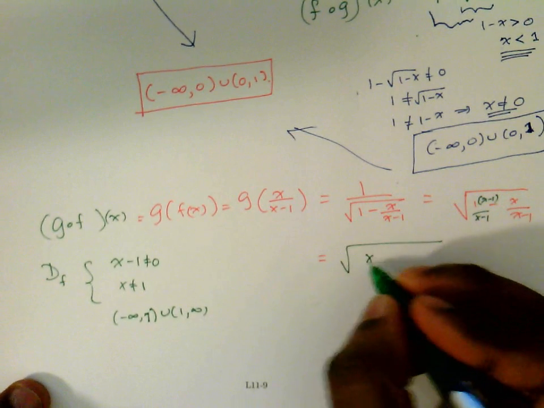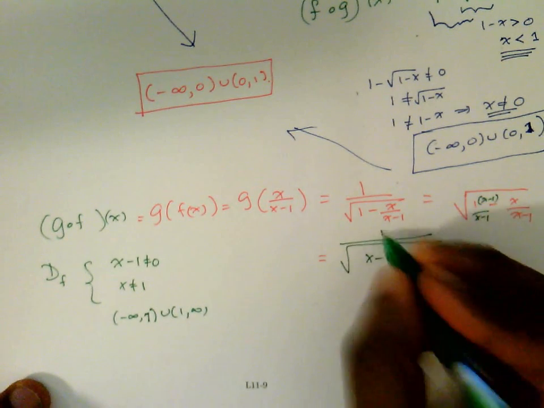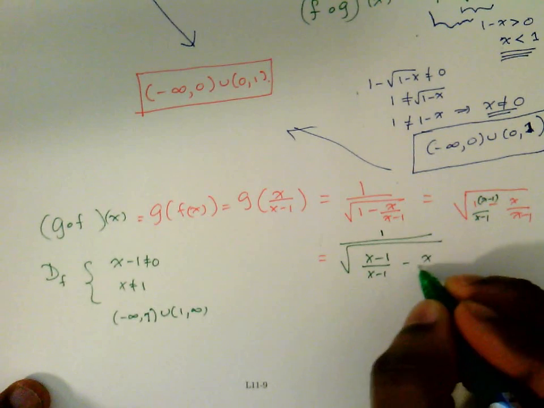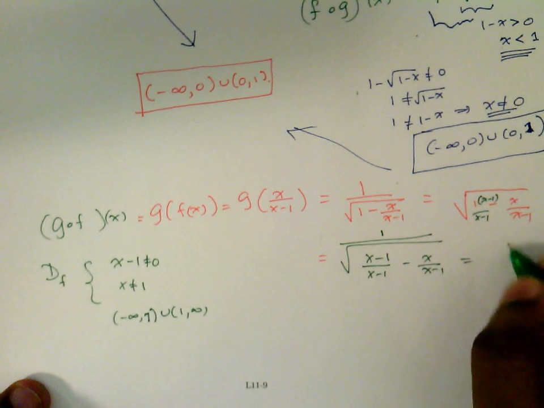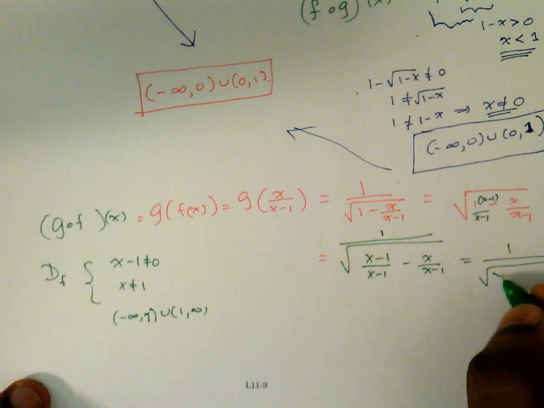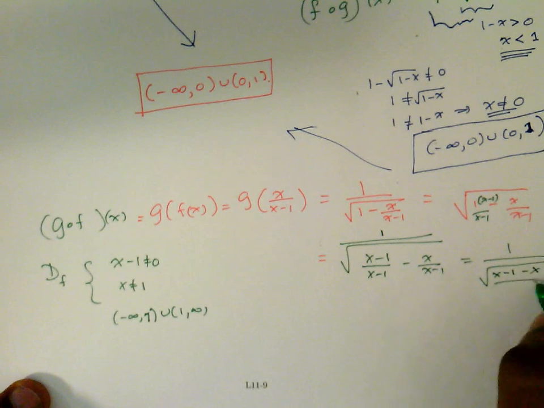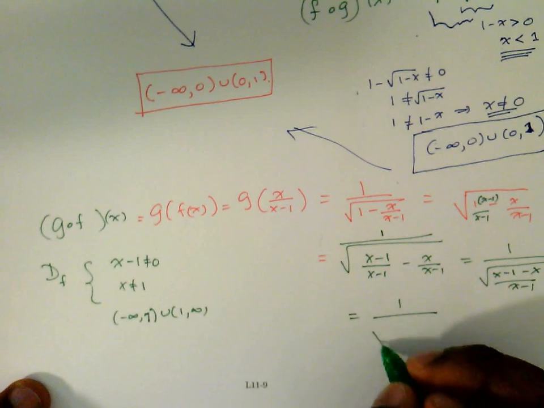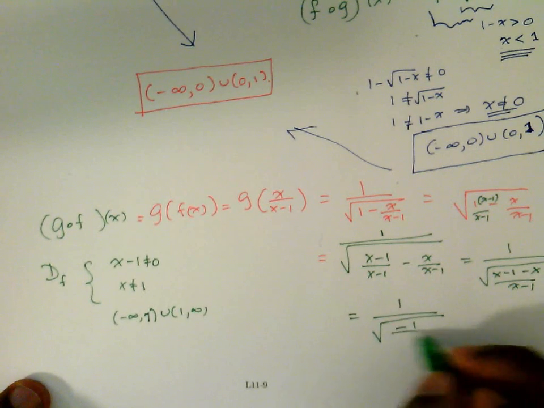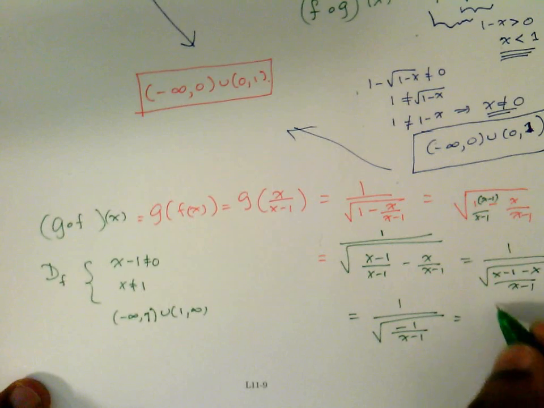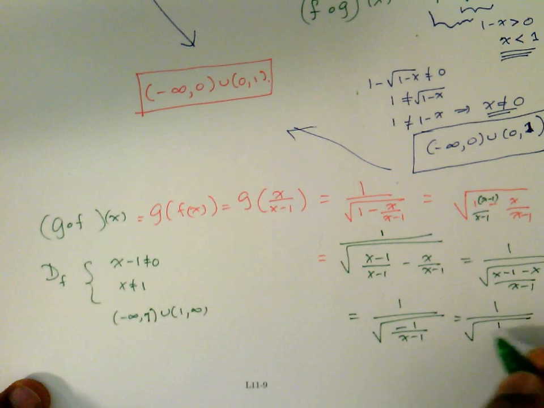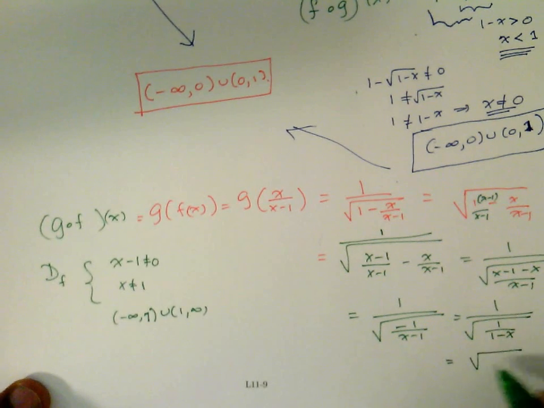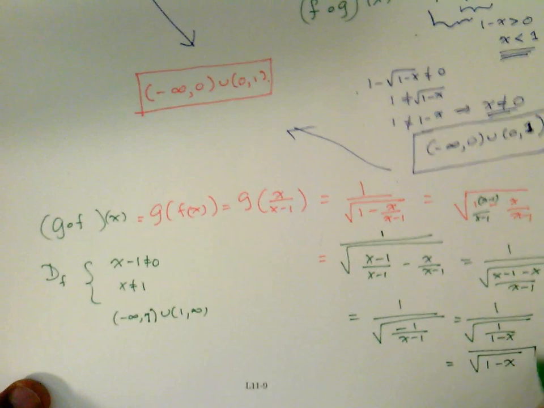So you get 1 over x minus 1 minus x over x minus 1, which gives you 1 over square root of x minus 1 minus x over x minus 1, which is 1 over square root of negative 1 over x minus 1, which is 1 over square root of 1 over 1 minus x. Flip it, you get square root of 1 minus x.